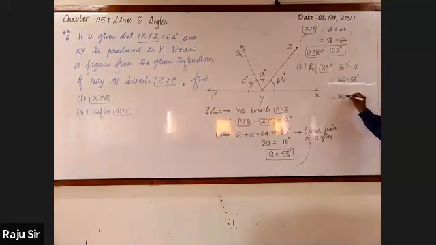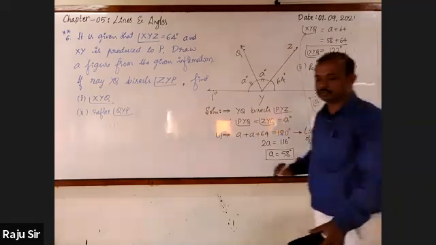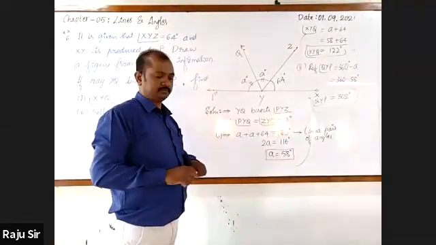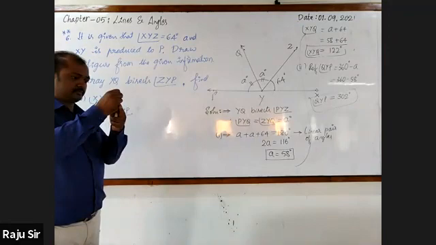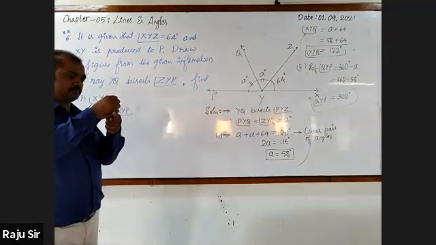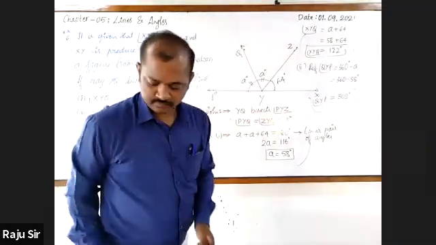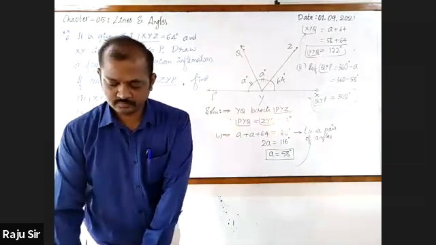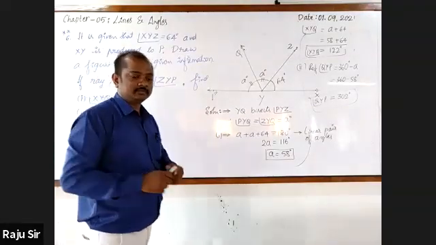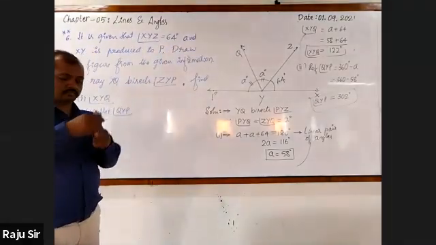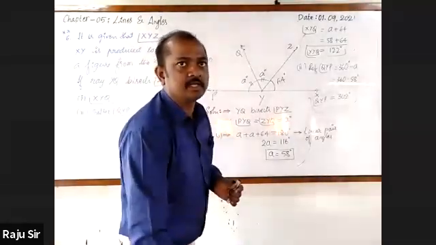It is equal to 302. Angle QYP is equal to 302. So that exercise has been completed.